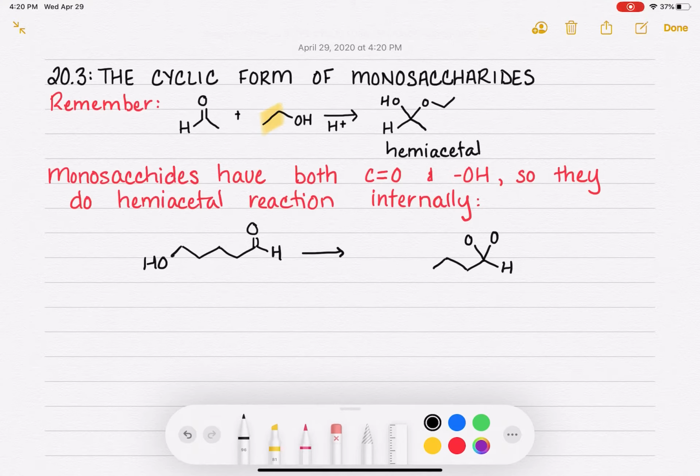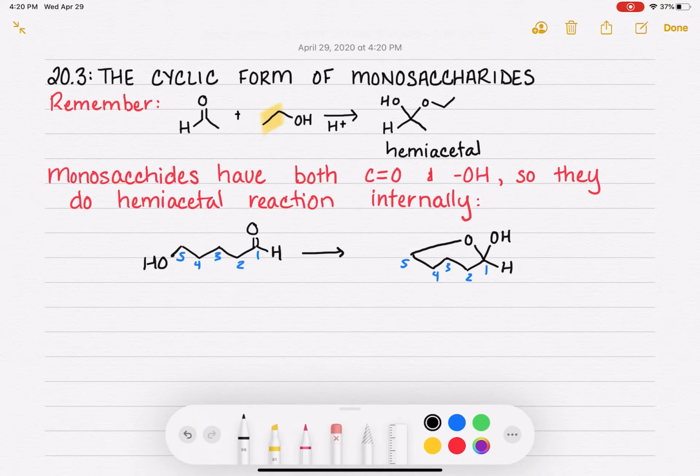Let's number these carbons so I don't get confused: 1, 2, 3, 4, 5. Okay, so I opened up my carbon-oxygen double bond, and I'm just going to connect to one of the oxygens, and my other one is going to get a hydrogen on it.